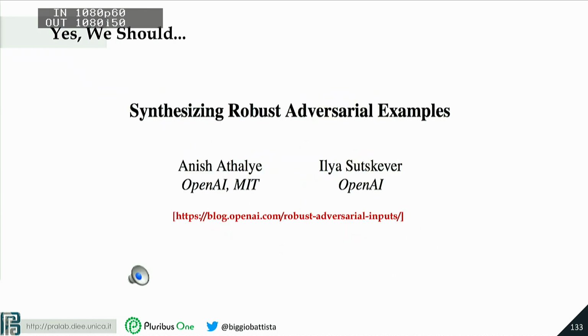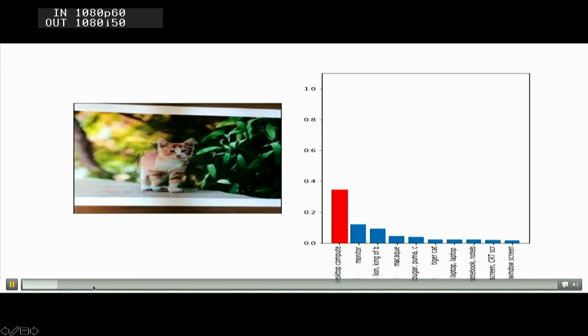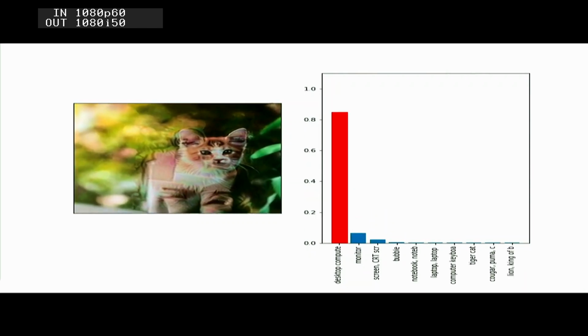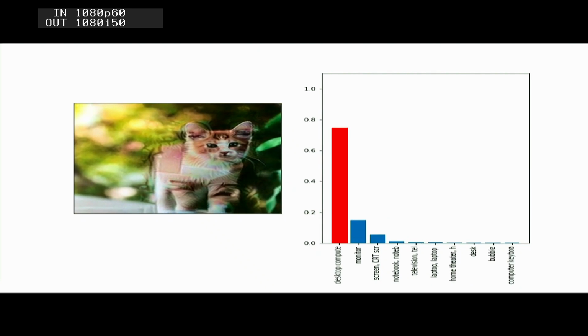But of course, some authors have demonstrated that you can also create attacks which are robust to these kind of changes, even if you change the pose, even if you change the distance. And this is the very first paper showing that. Let me see if I can show the video here. And that's a cat, manipulated image of a cat, which is recognized as a desktop computer.